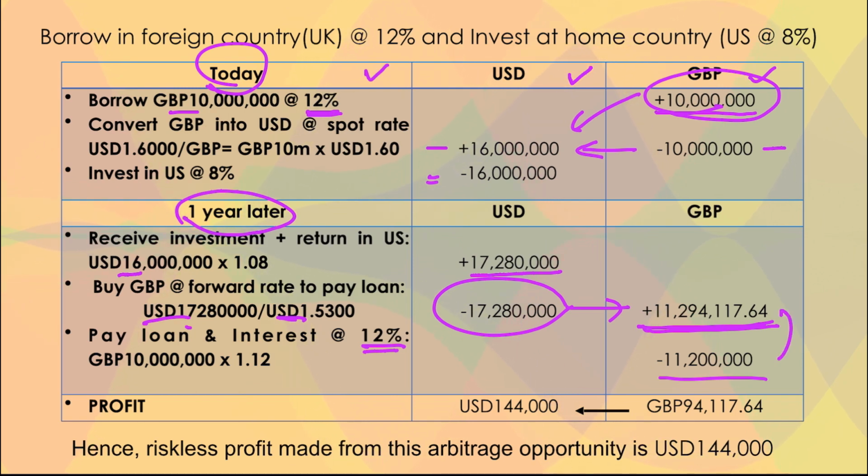So you minus here, you will get 94,117.64 in GBP. Hence riskless profit made from this arbitrage opportunity is 144,000 US dollar. You can convert back to US dollar, but it depends on the question. If the question didn't ask you to convert in USD, just remain in GBP.